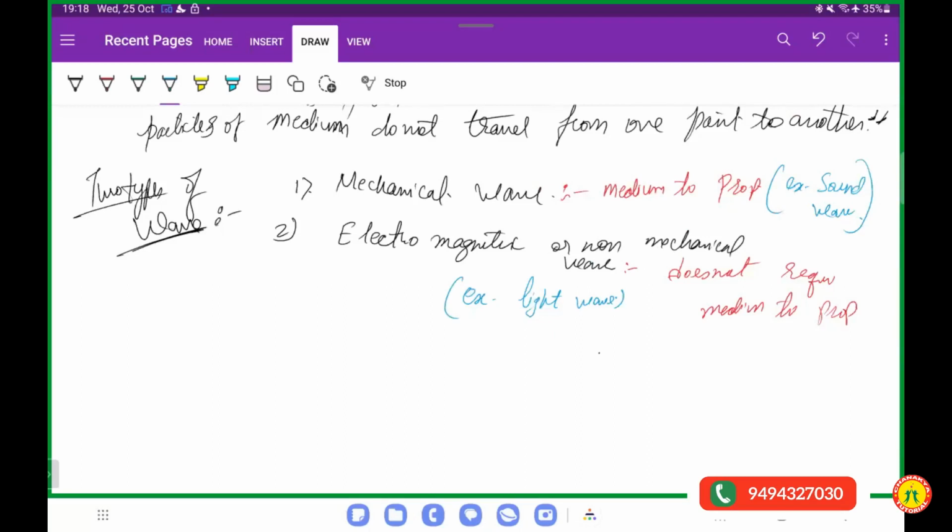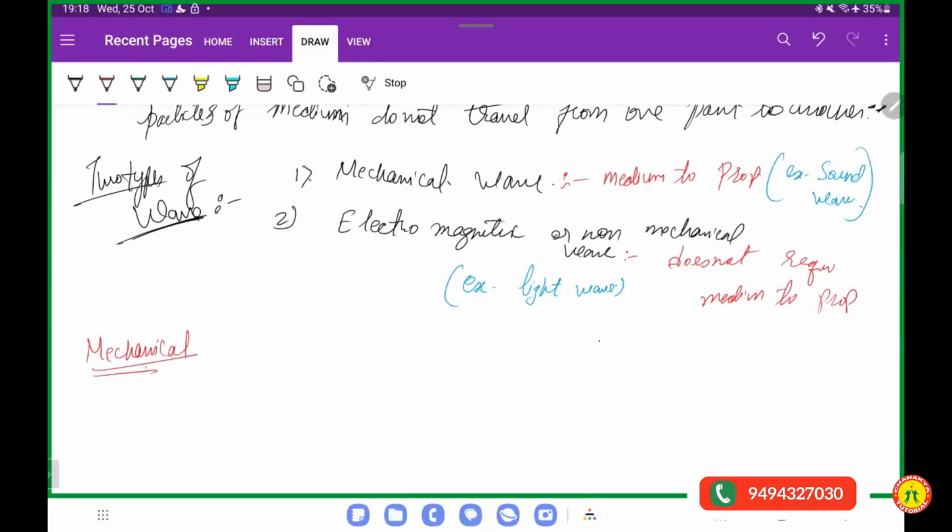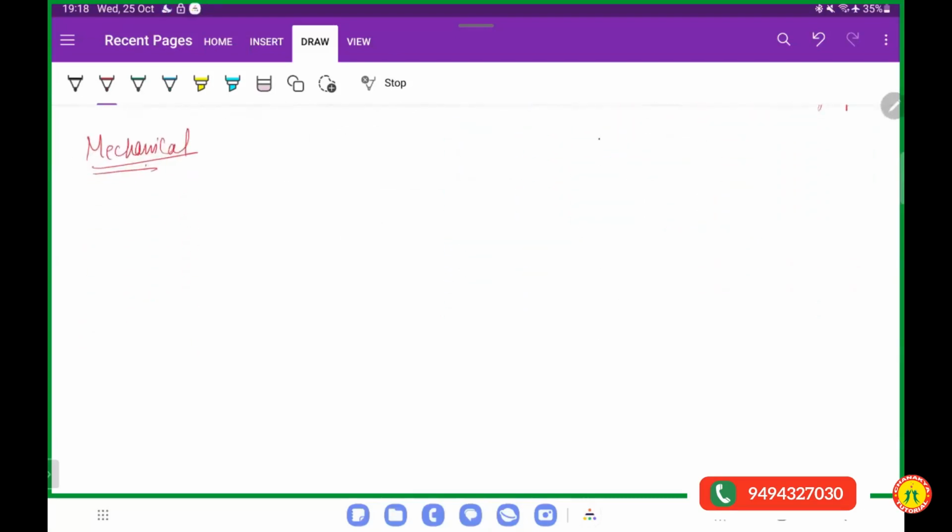Okay. So let's start with the first one, mechanical. In mechanical also, there are two ways. There is transverse wave, longitudinal wave.